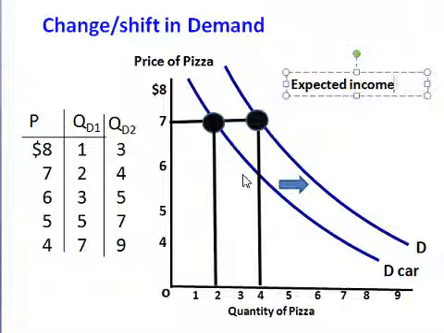Why? Because if the price also goes down, in that case the demand curve will not shift left. So the demand curve will shift left only when the price of the goods remains unchanged, but my expected future income may go down.